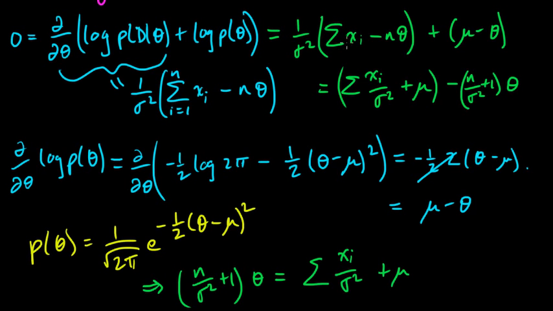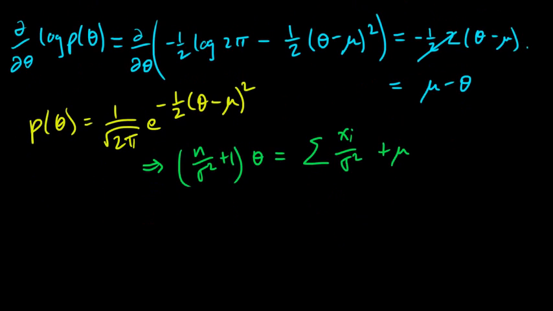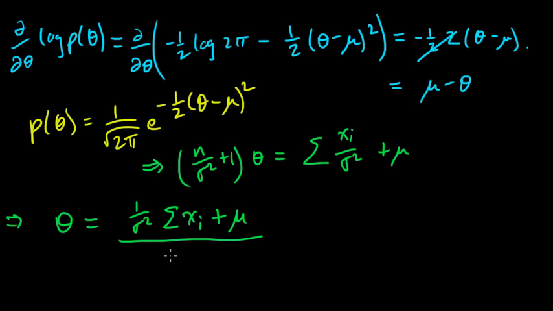Did I do that all right? Minus sigma squared minus blah blah blah. Yep, I think that's right. Mu. Yep, that's all looking good. Now we want to solve for theta. So theta is 1 over sigma squared, sum of the xi's plus mu, divided by n over sigma squared plus 1.